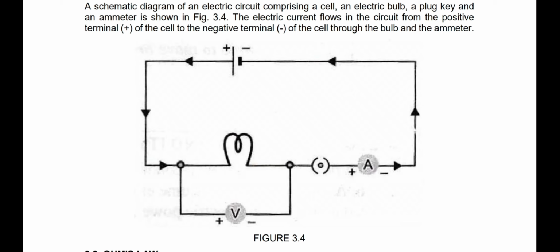Here one battery is shown. See, this is the cell, this is the electric bulb, this is the voltmeter, this is the key, this is the ammeter. If all the components are arranged in such a way, they form a schematic diagram of an electric circuit.